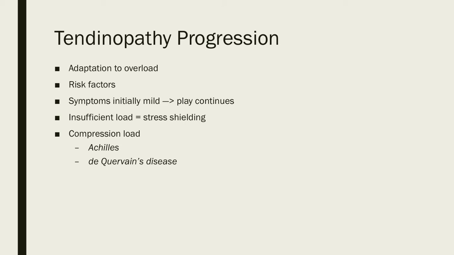So the tendon sheath is the really thin layer of connective tissue that actually surrounds the tendon. So if that gets inflamed, it can be very painful and cause a lot of discomfort. So these are two primary good examples of how compression and friction can actually cause some type of pathology and tendinopathy.